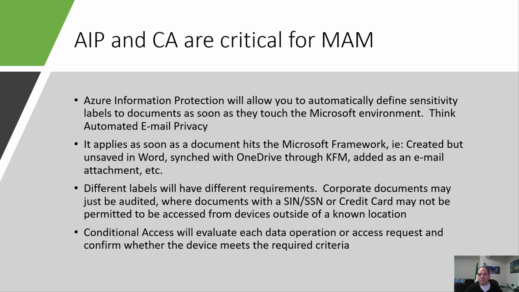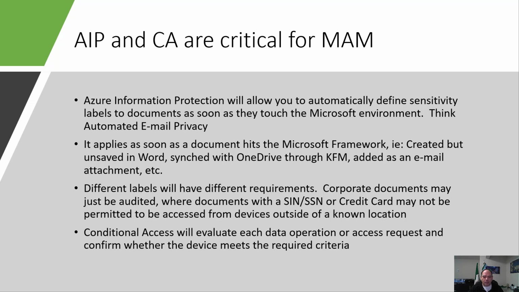You'll know, like I said earlier, that Joe logged in with a Samsung 10 on this date at this time to access this resource. That's really all you're going to be able to do. You have the ability to delete the entire accounts off the device, but that's really it. So what you'll do is use Azure Information Protection to define sensitivity labels inside of documents.